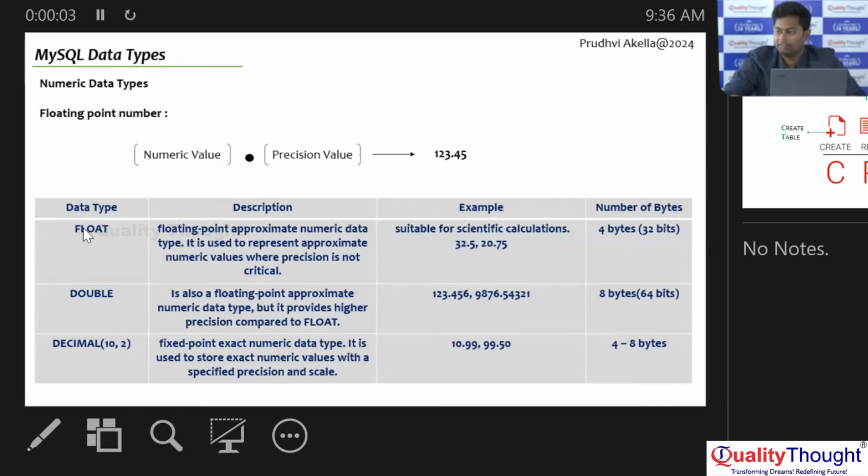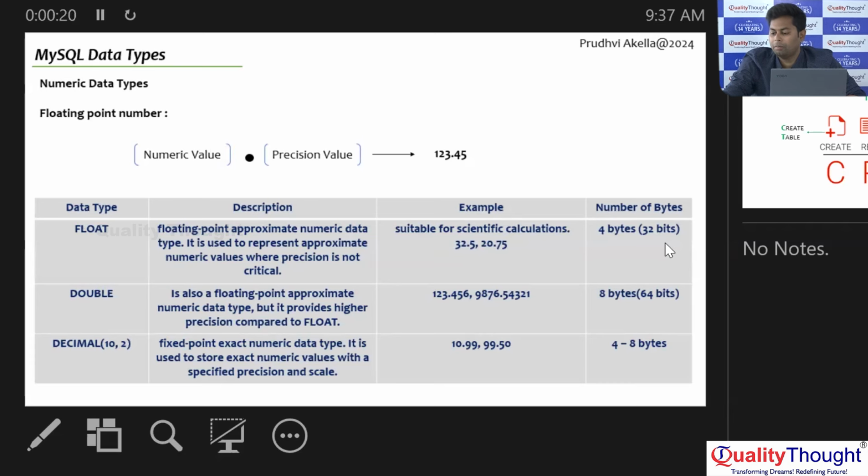One of them is float. How many bytes is a float going to take? 4 bytes. A floating point number is an approximate numerical value type, not exact. It's an approximate numerical data type.